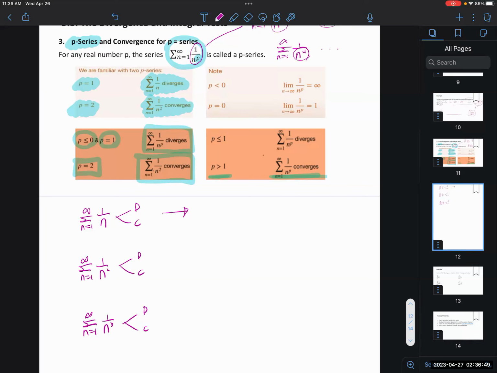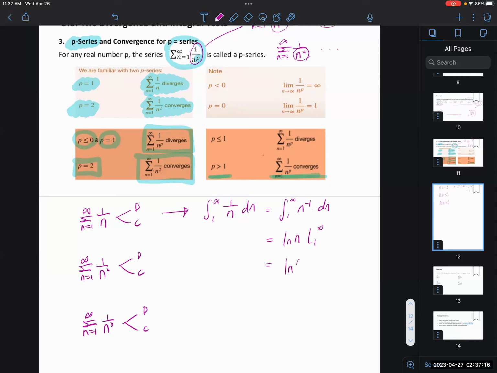So integral test, whatever this summation is, it's going to be less than the integral from 1 to infinity of 1 over n, isn't it? So if you take the integral of n to the negative 1 dn, the integral of 1 over n is going to be ln n from 1 to infinity.